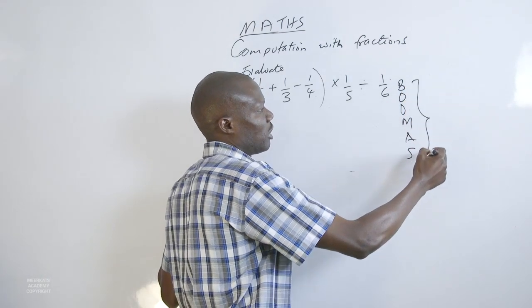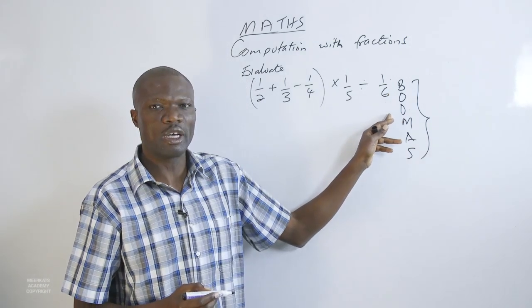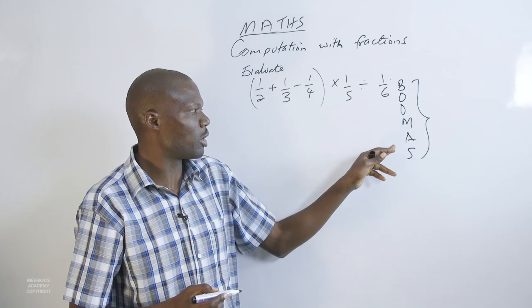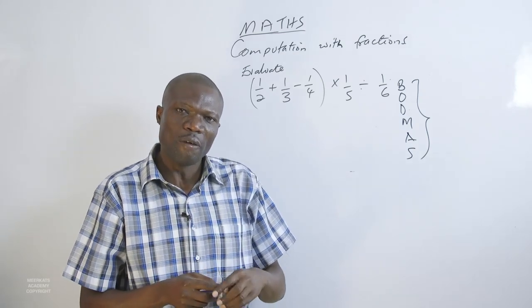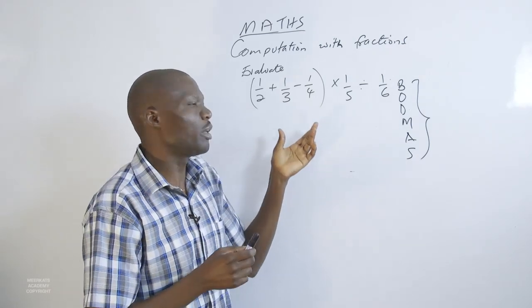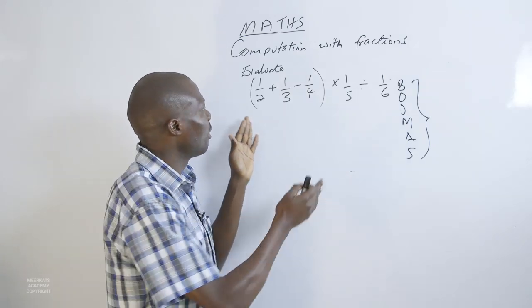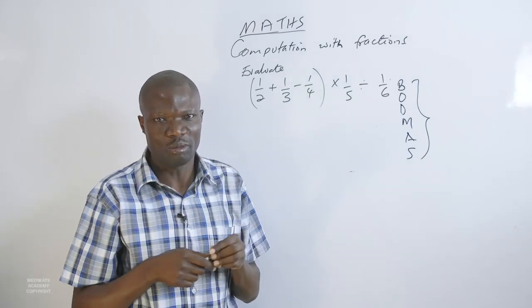The catch word is BODMAS, which means bracket, order, division, multiplication, addition, and subtraction. We need to follow that order here. So can we first remove the brackets? And to remove the brackets, work out what is inside the brackets.